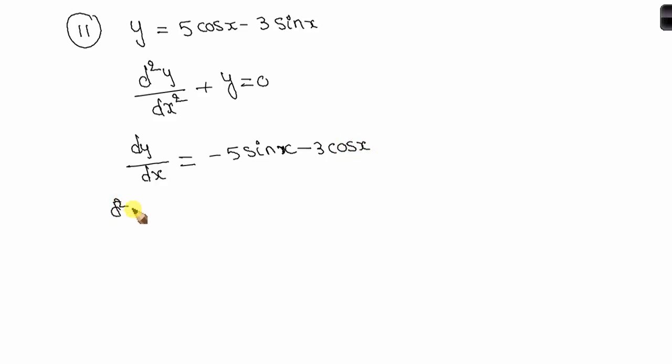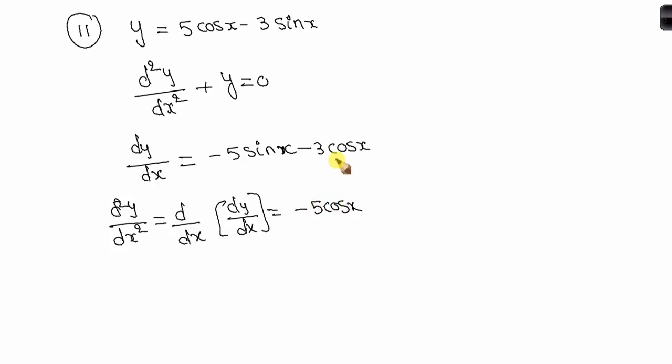So d square y upon dx square is equal to d by dx of dy by dx, which is equivalent to minus 5 cos x, sin x derivative is cos x, cos x derivative is minus sin x, so this becomes plus 3 times sin x.